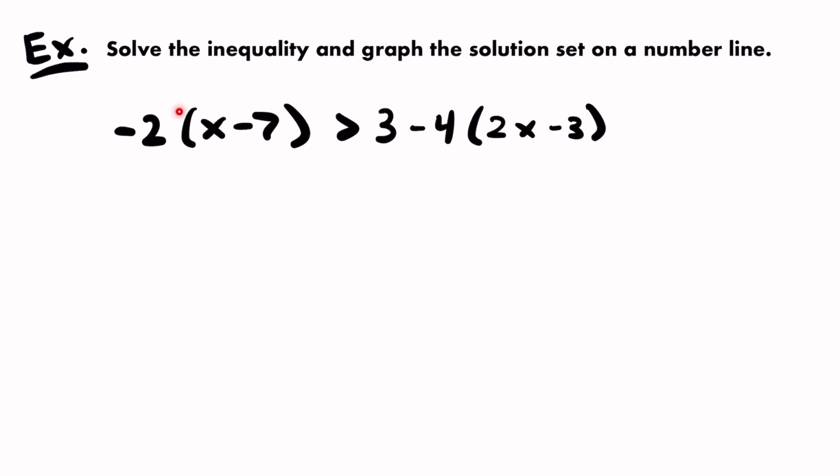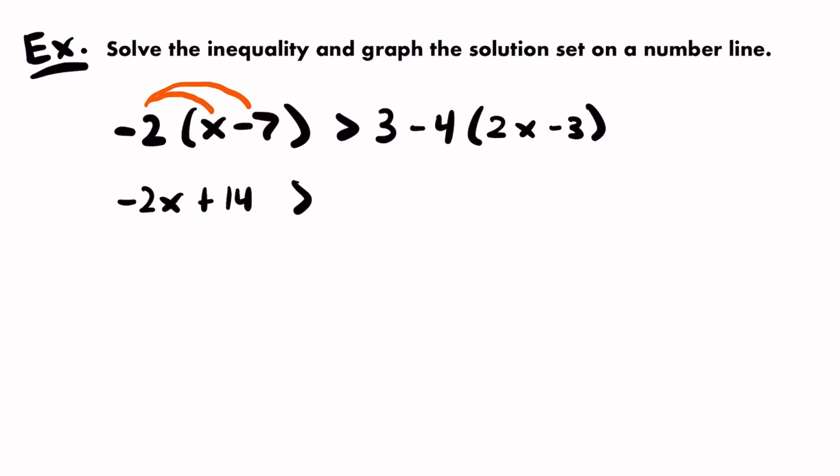Starting on this side of the inequality, we need to distribute -2 into these parentheses, so we need to multiply -2 by x and multiply -2 by -7. Doing that, we will get -2x plus 14. Right? -2 times x is -2x, and -2 times -7 is positive 14.